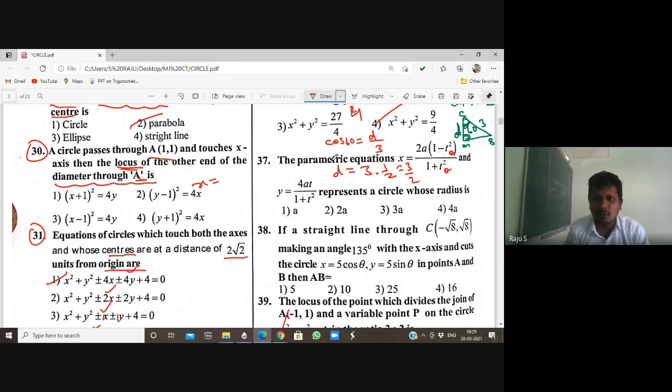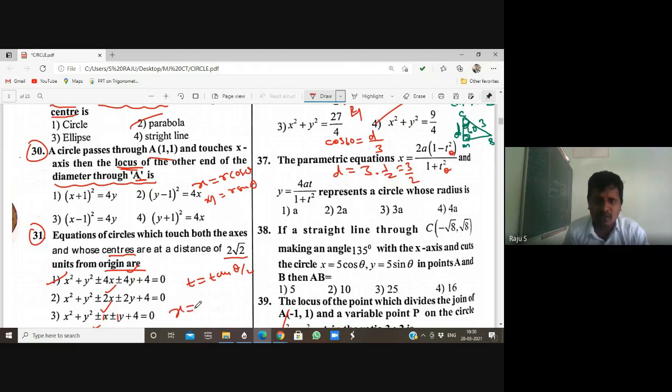Generally the polar parametric form of a circle is x is r cos theta and y is equal to r sin theta. Here, in place of t, replace t is equal to tan theta by 2. It's better to take theta by 2. Nothing but 1 minus tan square theta by 2 by 1 plus tan square theta by 2.